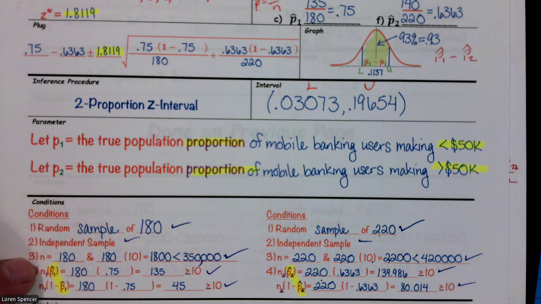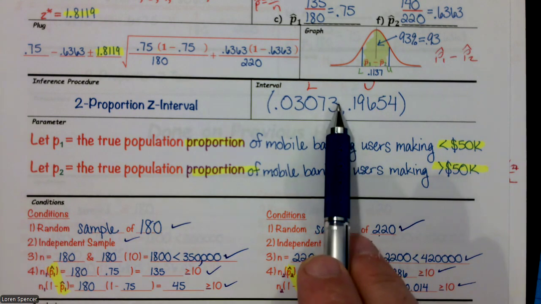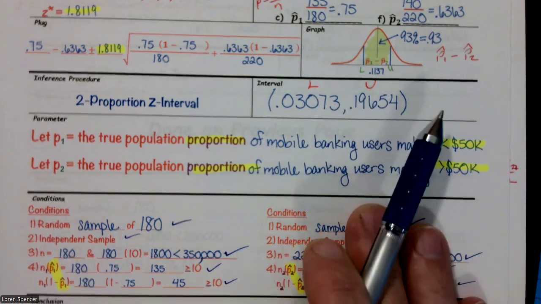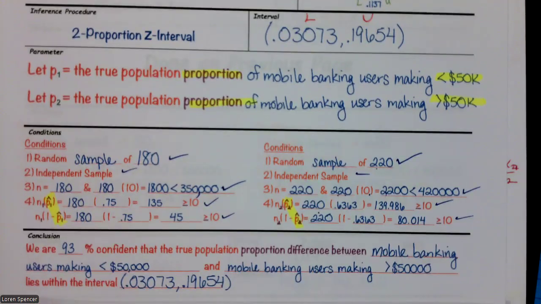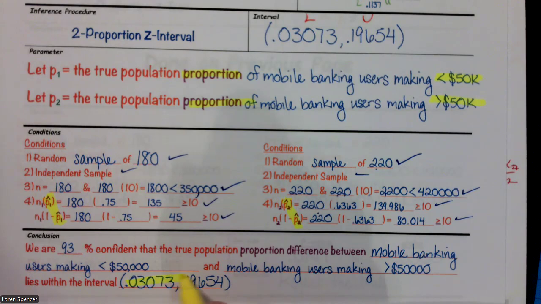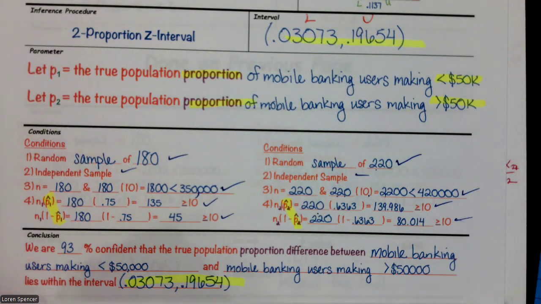Okay, we ran our test. We ran and got this as our confidence interval. So we are 93% confident the true population proportion difference between mobile banking users making less than 50,000 and those making more than 50,000 lies within the interval. And this is just a restatement of the interval we calculated.